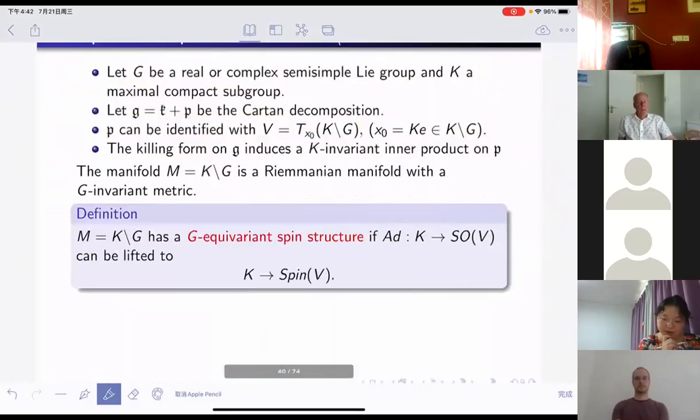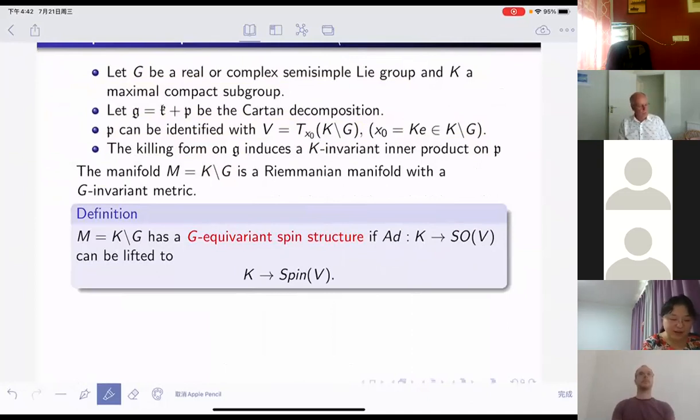And with this Riemannian manifold structure, one can talk about Dirac operators. But again, we have to say something about the technicality of the spin structure. So recall that spin structure has something to do with lifting to the double cover. And here we have the same kind of requirement.